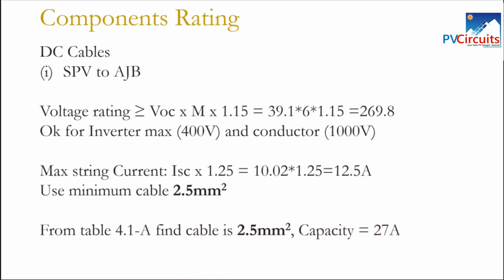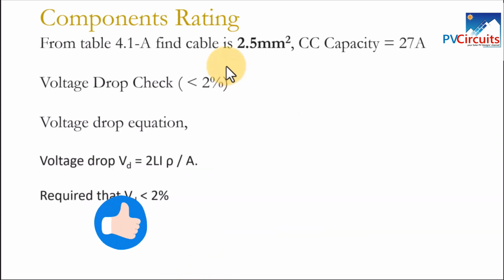Next we check the voltage drop on that cable. We've set our maximum to 2%, and the equation for calculating the voltage drop is given by this one here, which is 2 times the length of the cable times the current times the resistivity, divided by the cross-sectional area of the cable. It is required that the percentage drop should be within 2%.